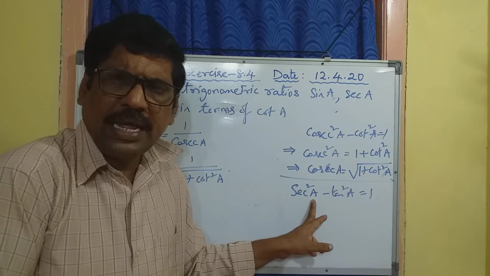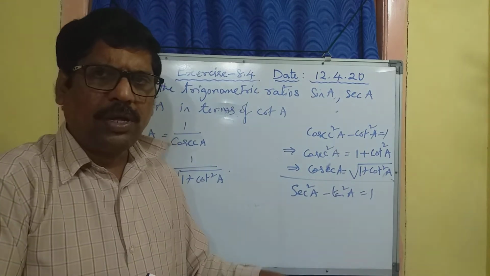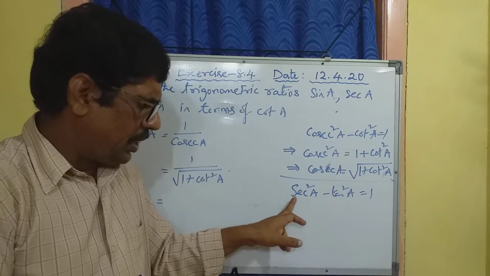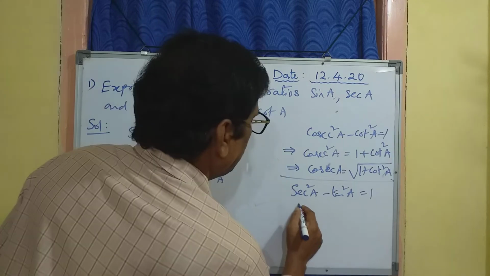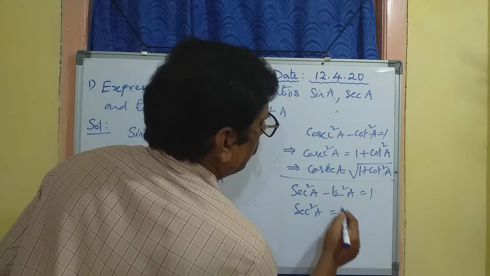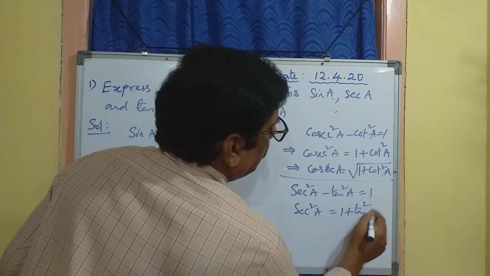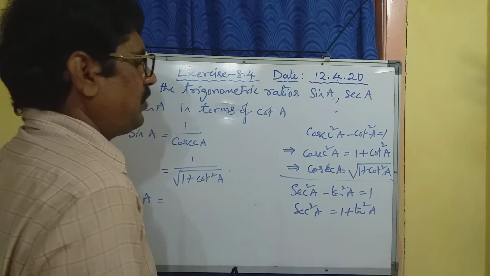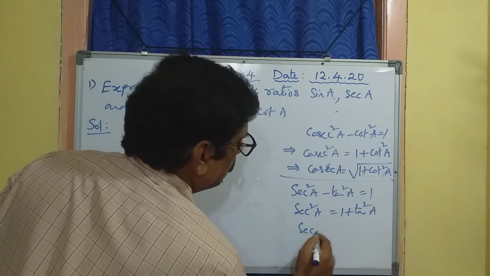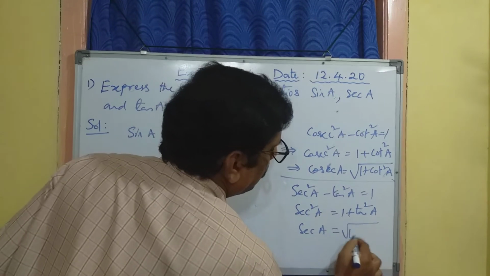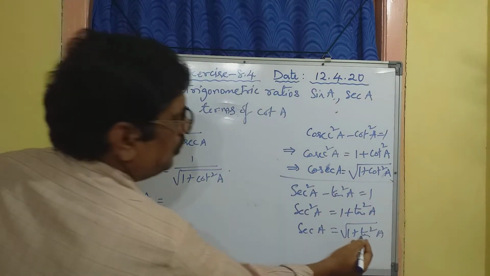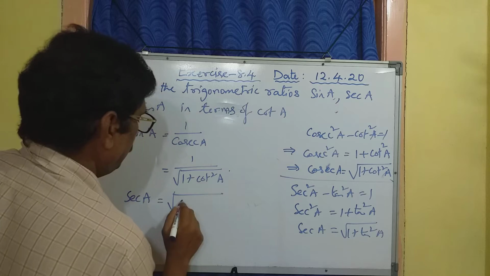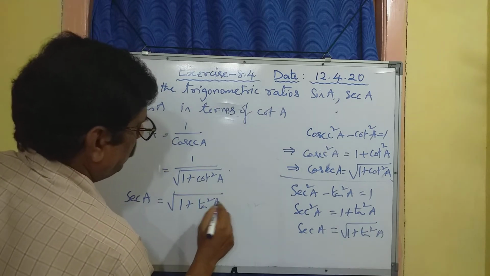We can take any variable in the place of theta. That's why we have taken secant square A minus tan square A is equal to 1. From this we can write secant square A is equal to 1 plus tan square A. Now secant A is equal to root over 1 plus tan square A.